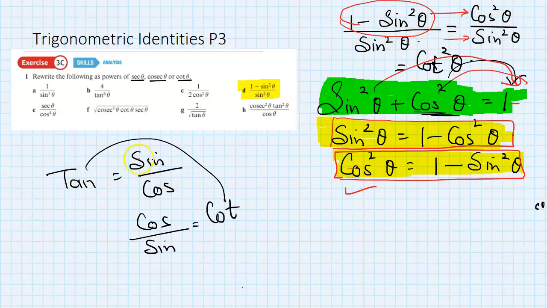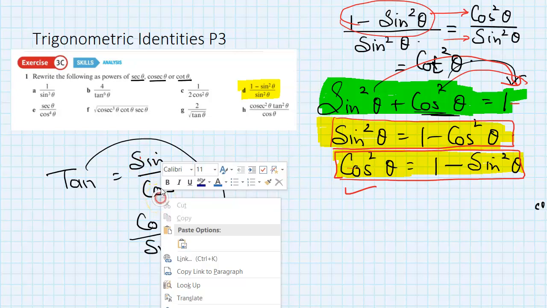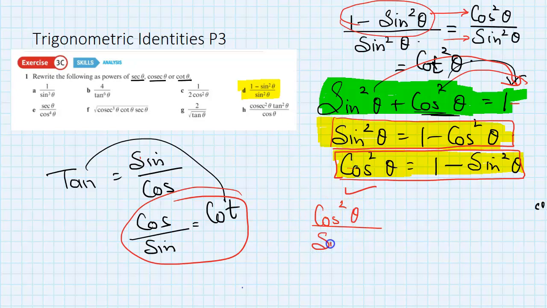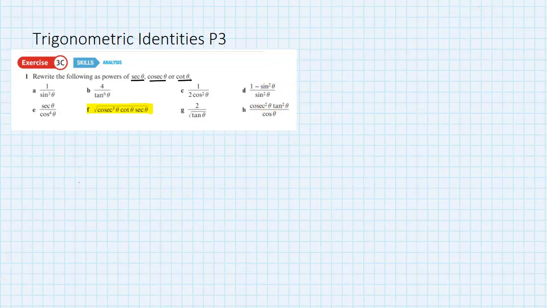Now we know that tan is equal to sine over cos. Its reciprocal is cos over sine, that is cot. So cos square theta over sine square theta will be cot square theta. So that is the value of this.